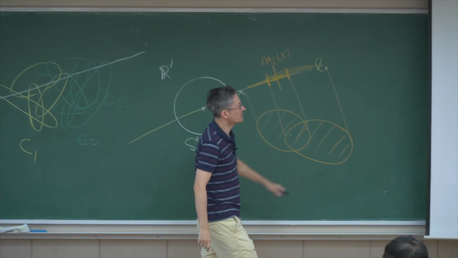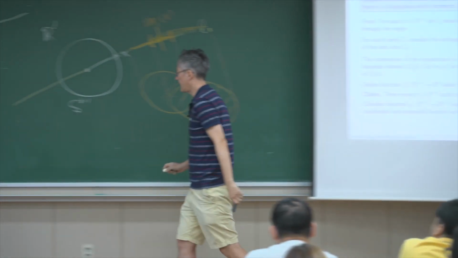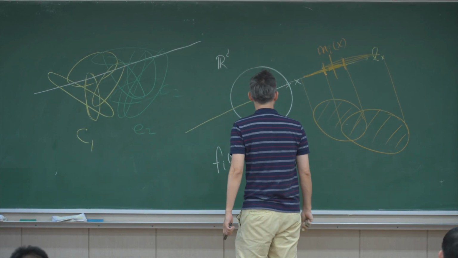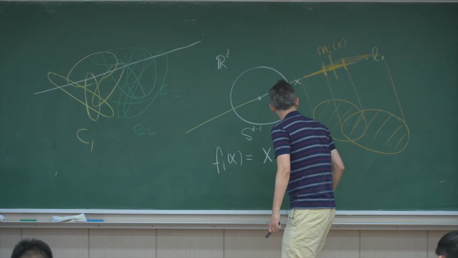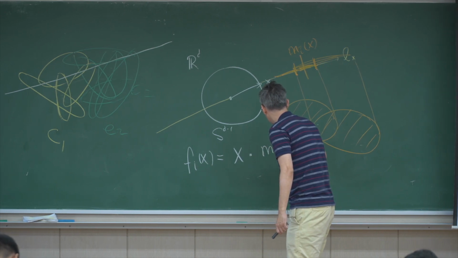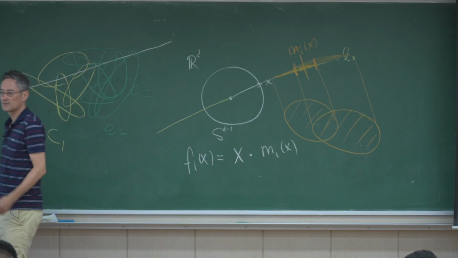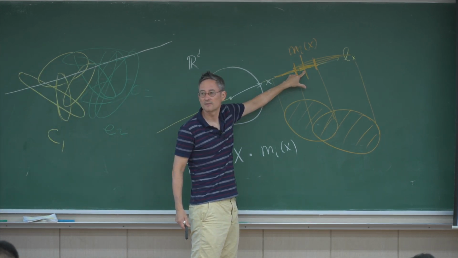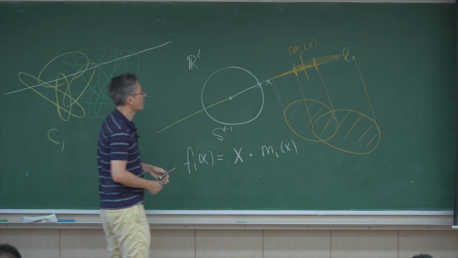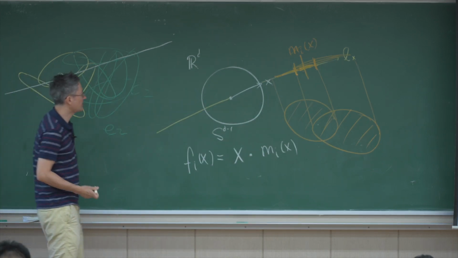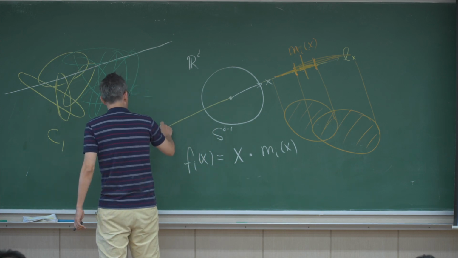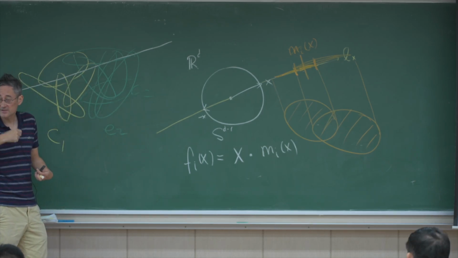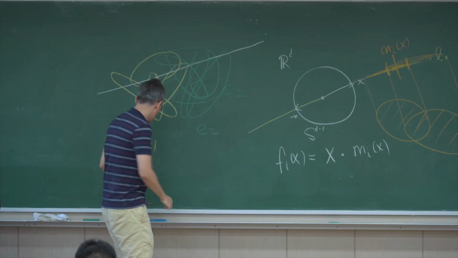So now I'm going to define this function here, f_i of x, which is x dot product m_i(x). Okay, so basically I'm just measuring the directed distance to that midpoint. And the key observation here is, if I were to choose the point minus x instead, so if I just switch to the opposite direction, what happens?